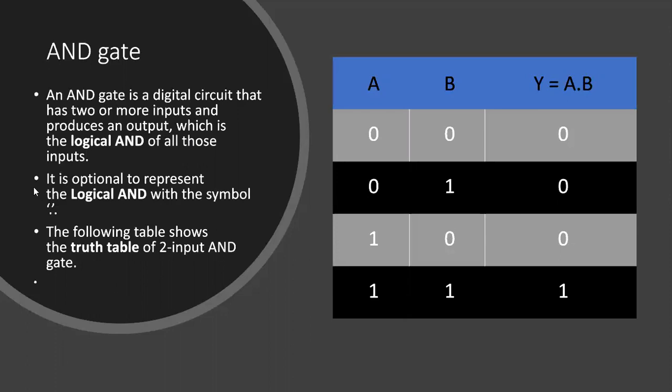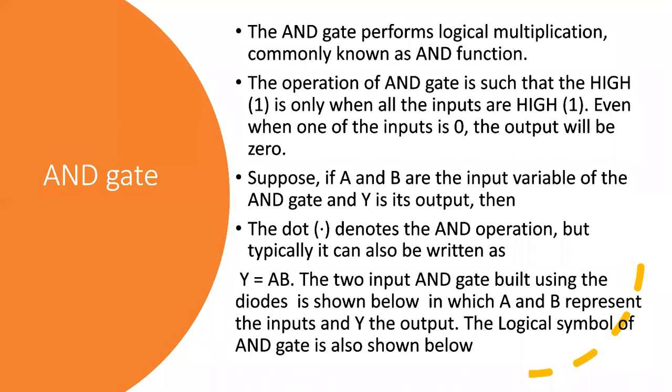So here we have the truth table for this AND gate. I am taking the two inputs A and B and the output as Y. If you give 0 0 input, it will give 0 output. How is this truth table formed? I will explain.